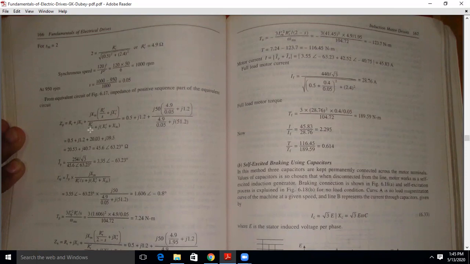So now again, motor current I is, again, it is the phasor sum of Ip plus In. So now it is 45.83. Yes. Now go for IF.